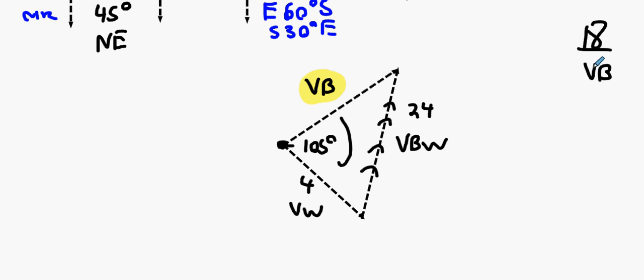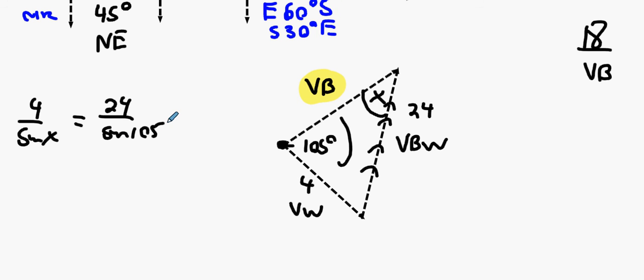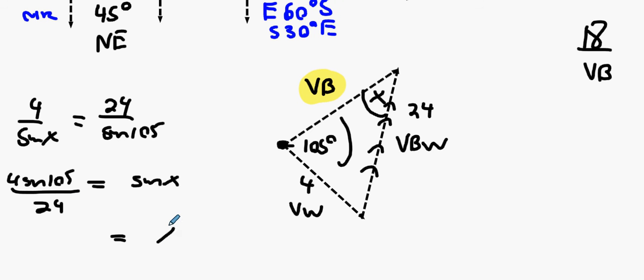So I'm going to do a sine rule, figure out angle X, and then from there I can figure out vB. So we're going to do 4 over sin X equals 24 over sin 105, and then sin X equals 4 sin 105 divided by 24. If you sin inverse that for me, we can find out what the angle X is.